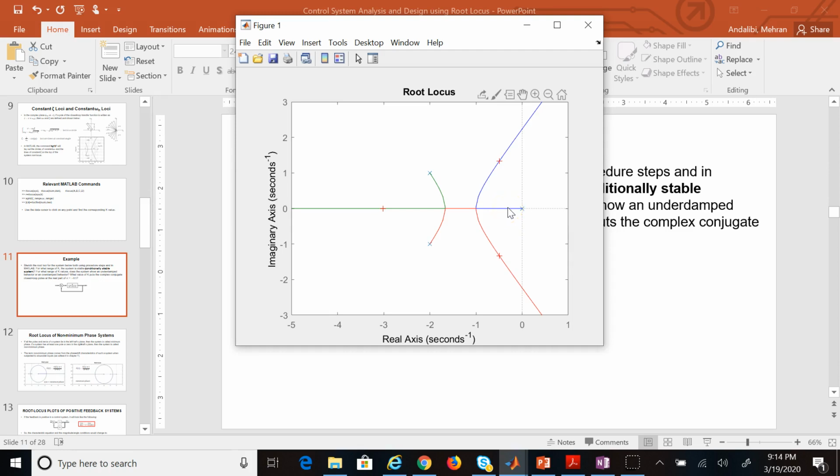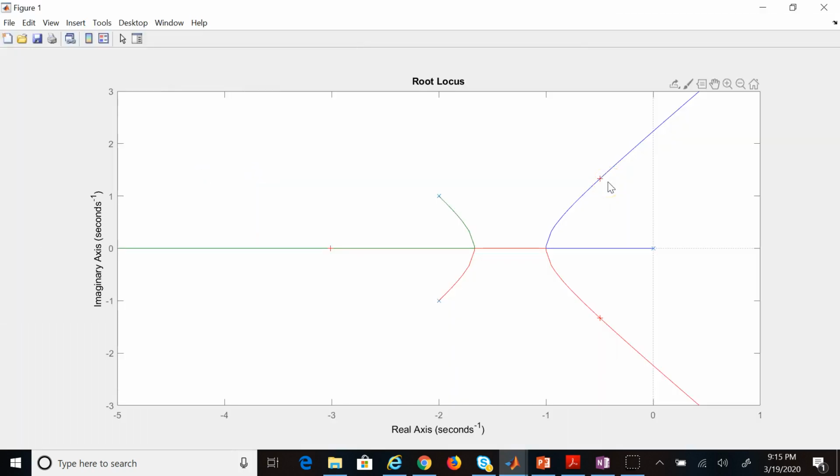The only scenario that might be possible is for some value of k that this green comes down to here, this red comes down to there, and the blue is still not up there. So the first thing is I need to find the k values for this point and that point. Let's do that. So see the k values at the breakaway points, although I guess I found them, right?